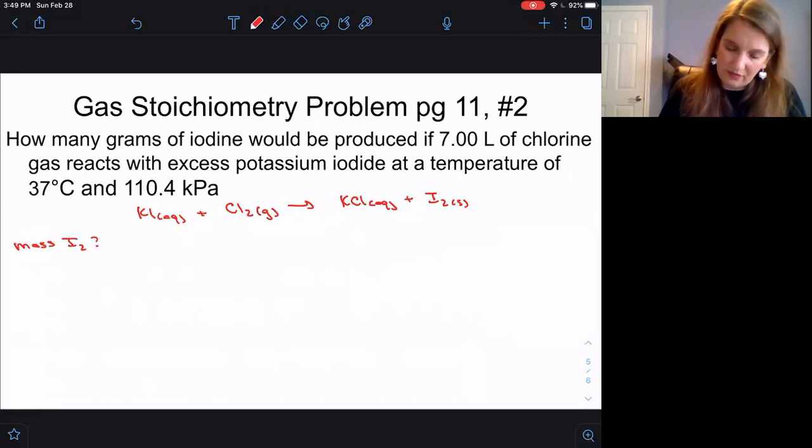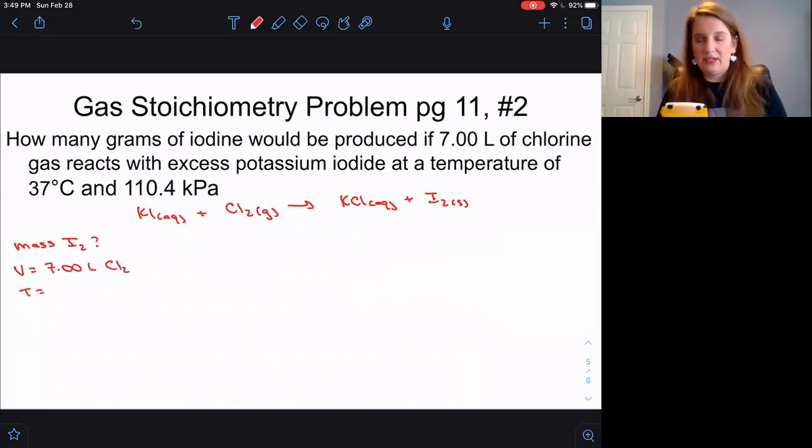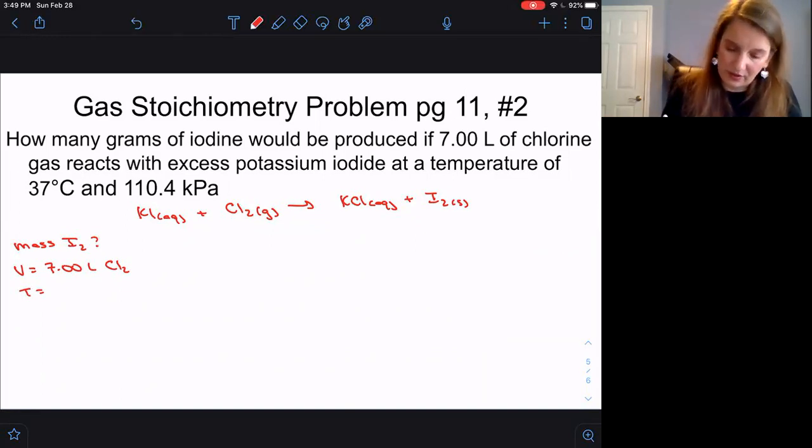We know that the volume is 7.00 liters of Cl2. We have a temperature of 37 degrees, but we have to get that into Kelvin. So we have to add 273, so it's 310 Kelvin.